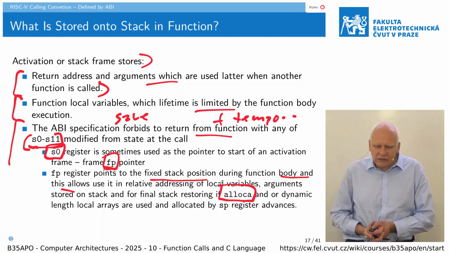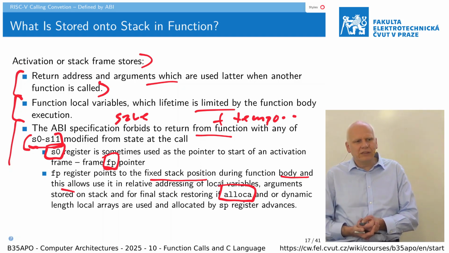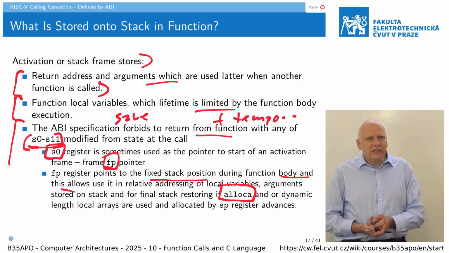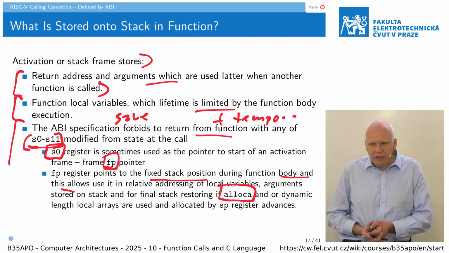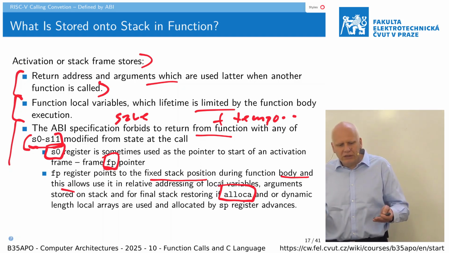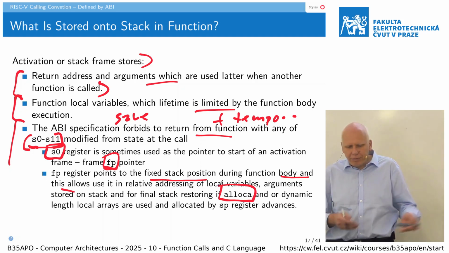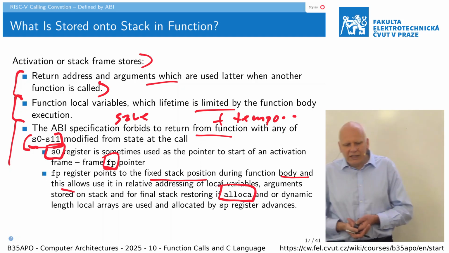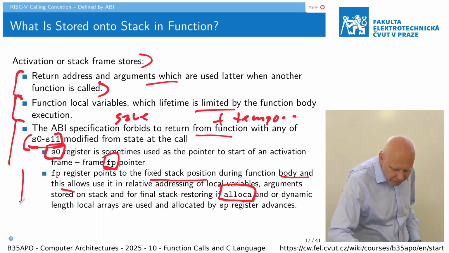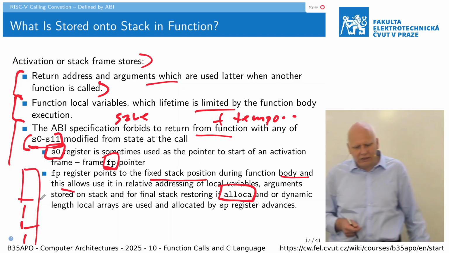So it is the function which allows you to allocate memory very efficiently and fast, and the memory is released at the time when you return from the function. Because at that moment, the value of the stack pointer is reloaded from the frame pointer, and basically the area which has been allocated by those allocas on the top of the stack is freed automatically.